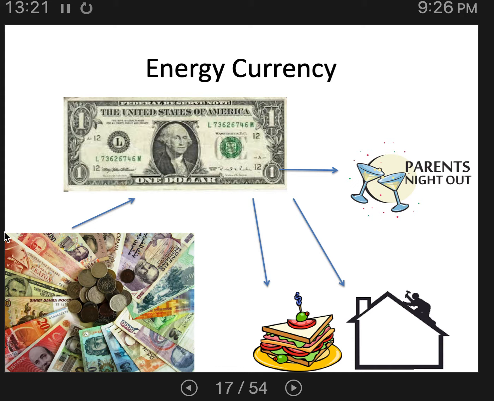This dollar works anywhere. All of these currencies do have value, right? But they have to be converted into the currency of the local area in order to be used properly and efficiently. And same when we go to another country, right? We convert our US dollars to the local currency of wherever it is we go.